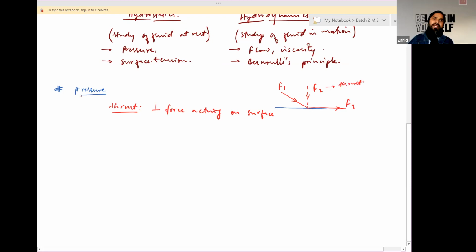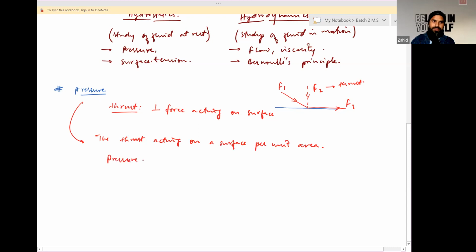Pressure is defined as perpendicular force acting per unit area, or you'll say the thrust acting on a surface per unit area is called pressure.